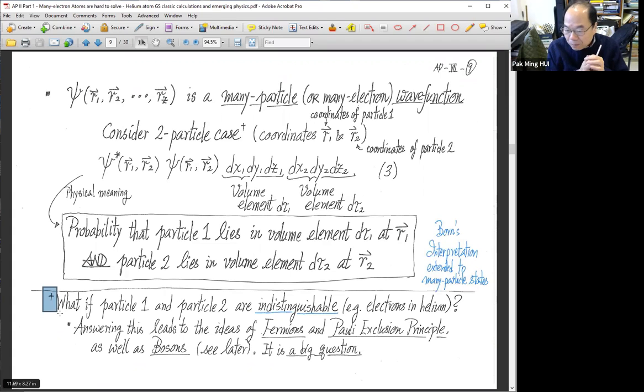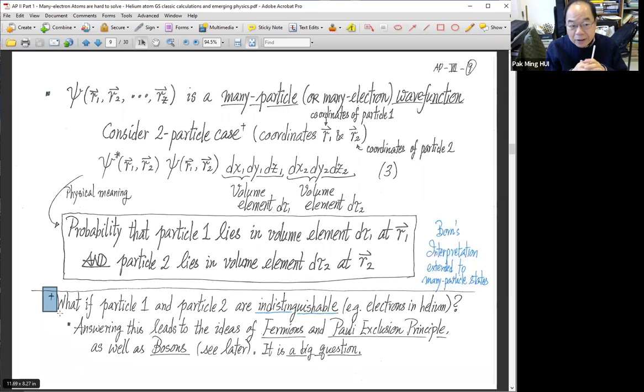So when you have 2 particles, 2 electrons, they are indistinguishable, then we have to think about whether they like each other or they don't like each other. We know that, well, later on you will know that, bosons tend to like each other, fermions tend to dislike each other. They want to be slightly farther away from each other. And electrons are fermions. They don't like each other.